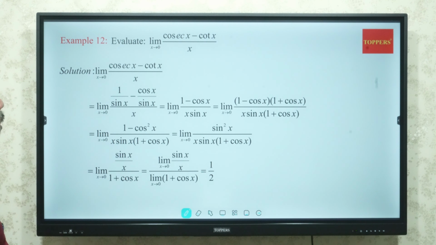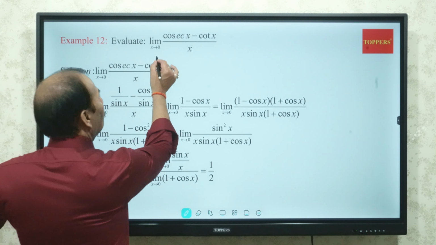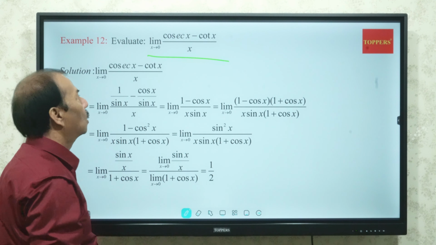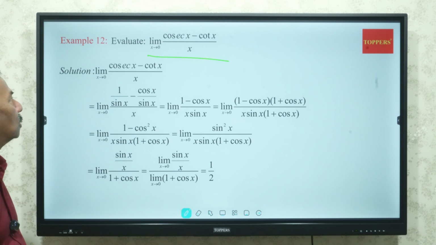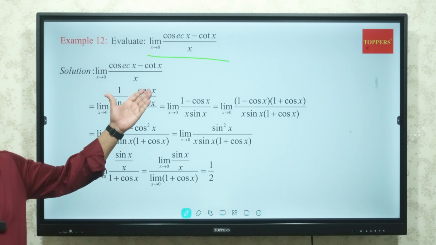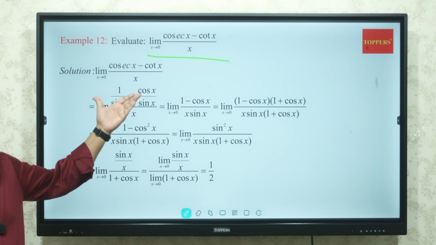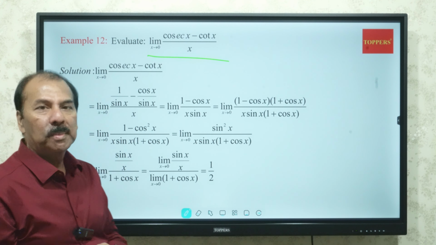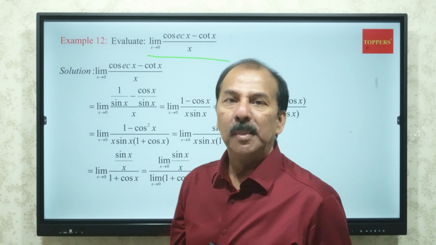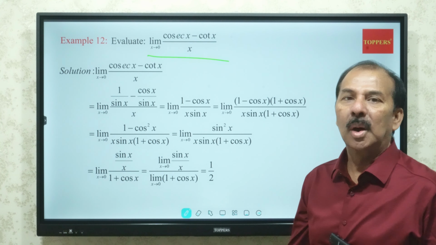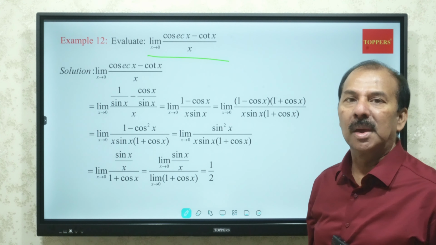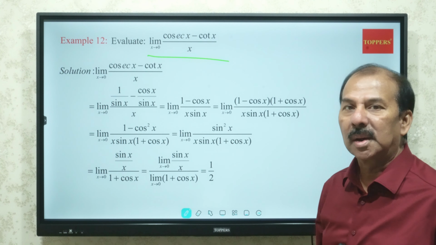Now here we have to calculate the limit of (cosec x minus cot x) upon x when x tends to 0. We can directly simplify the problem keeping this in the same form, but we are more familiar and more habitual in using sin x, cos x, tan x instead of sec x, cosec x and cot x.